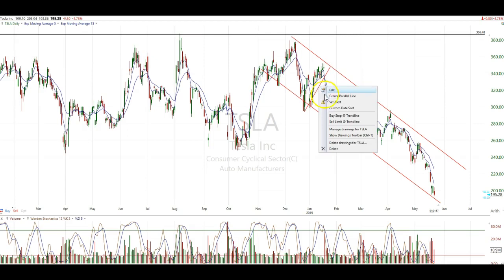Now on the shorter term, we also have some trends. In this case, this is an ascending wedge pattern. Higher lows, but higher highs as well, but not as steep.